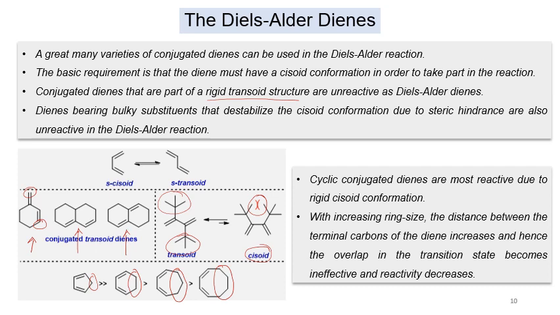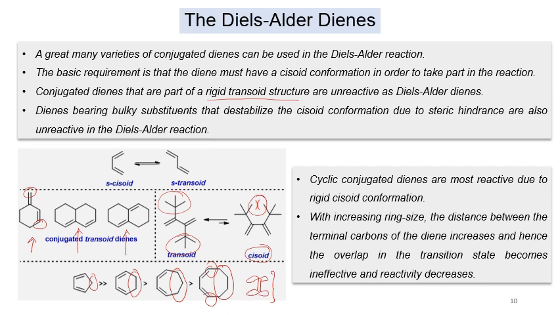Because if you look at these dienes, essentially they have to overlap simultaneously in a pericyclic fashion with the orbitals of a dienophile, which is a fixed distance. Therefore, if you have a very large distance between C1 and C4, it finds it very difficult to have an effective overlap with the orbitals of the dienophile.